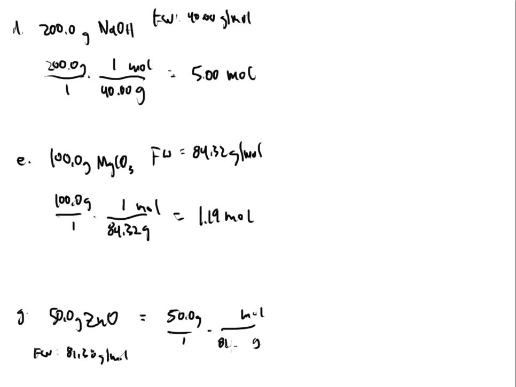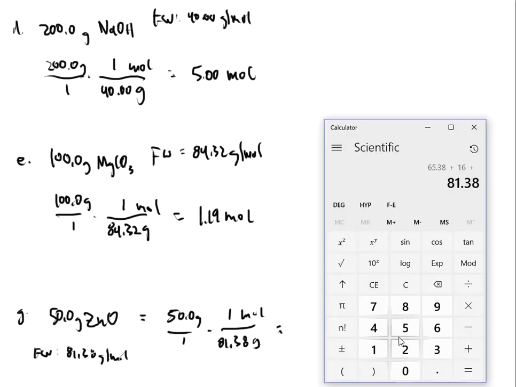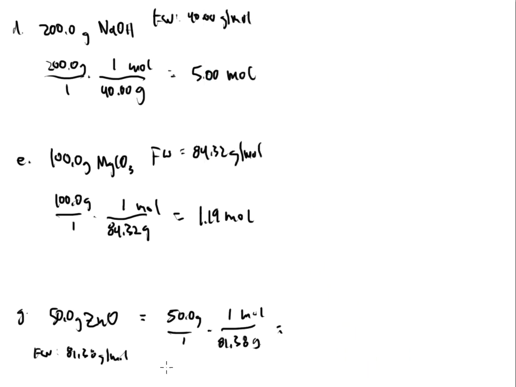That means there's 81.38 grams in every 1 mole. So I'll set up the dimensional analysis, and I'll take 50, and I'll divide that by 81.38. I hit enter, and I get 0.614 as an answer. So 0.614 moles of ZnO in that amount.